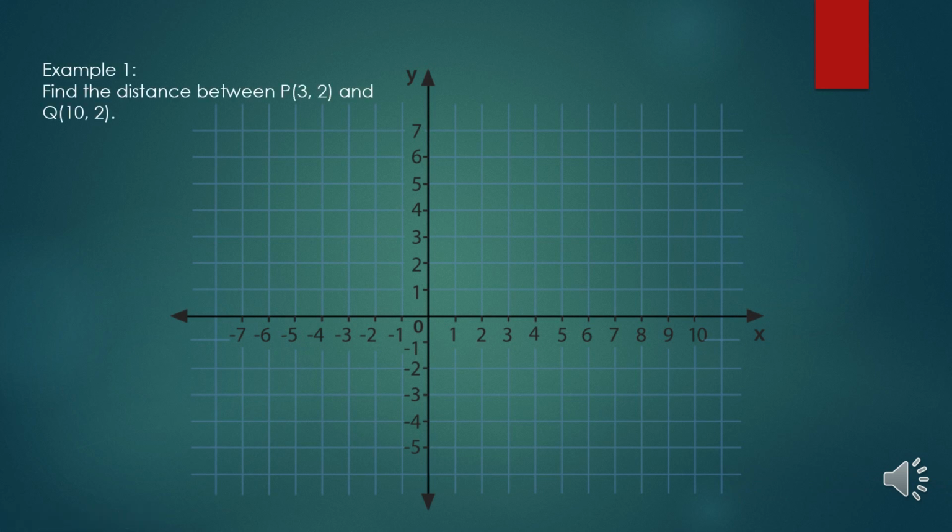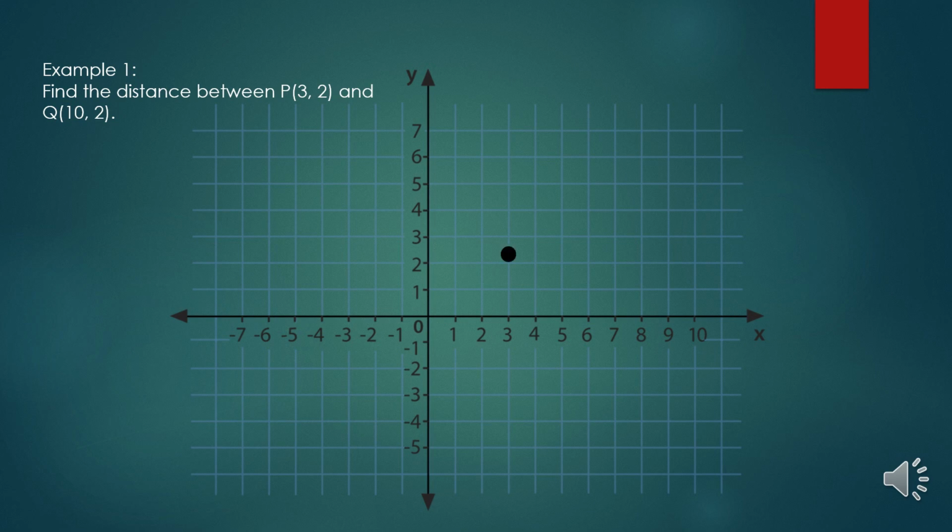Example number 1. Find the distance between point P and point Q. Point P has a coordinate of x is 3 and y is 2. And point Q has a coordinate of x is 10 and y is 2. So we can now locate point P and point Q using our xy plane. Point P is, from the origin, 3 units to the right and 2 units upward.